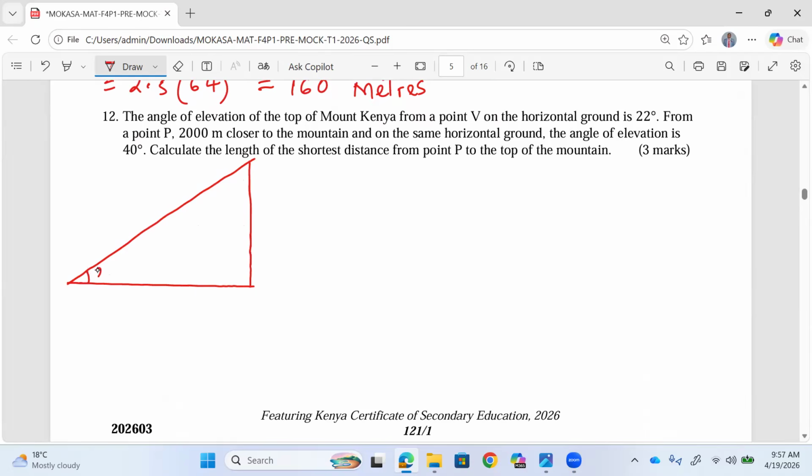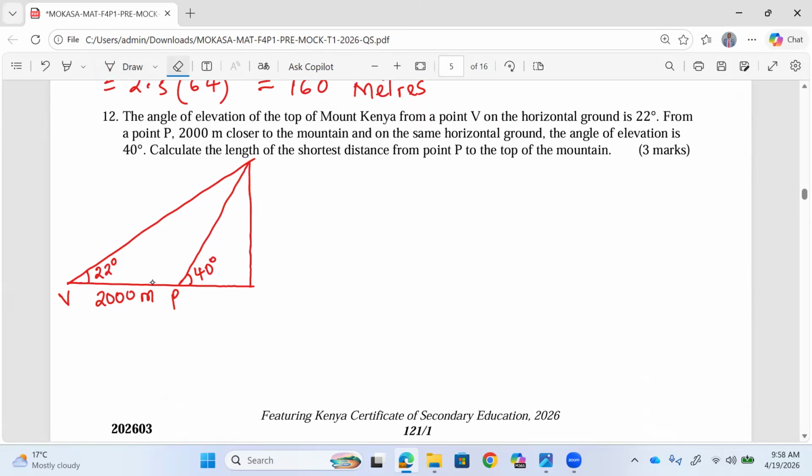This is an angle of 22, meaning that this is point V. Then as you continue approaching Mount Kenya, you arrive at P, then the angle here becomes 40, and we are told that P is now closer to the mountain, 2,000 meters closer.